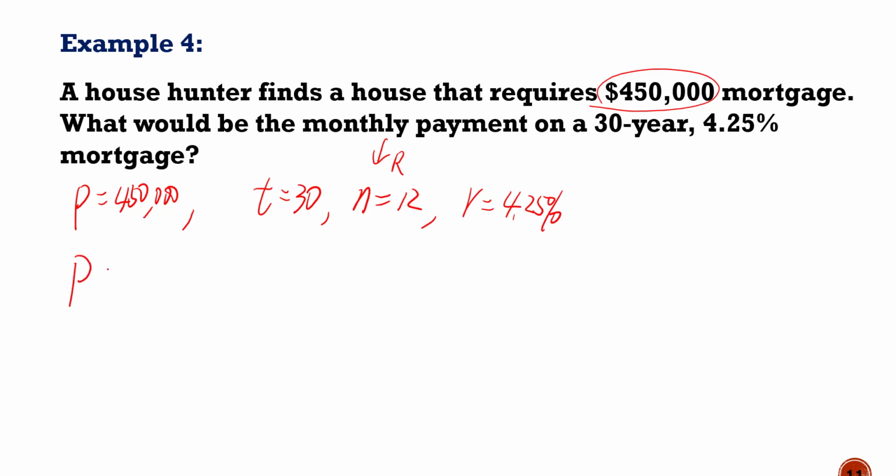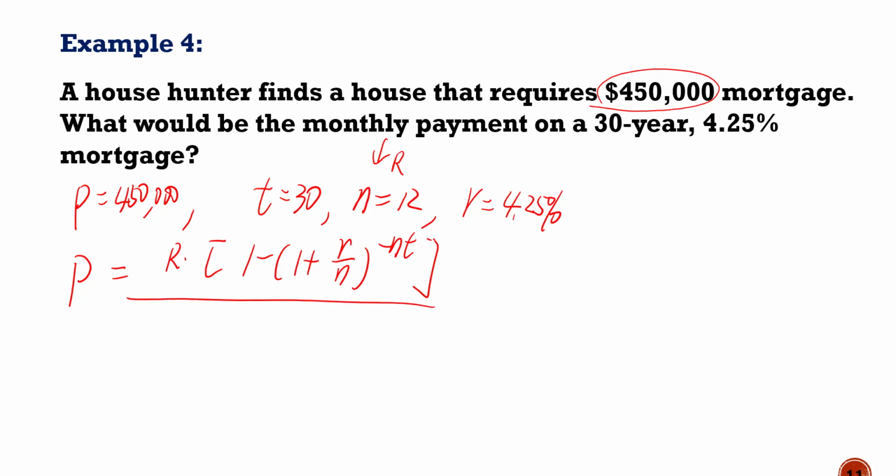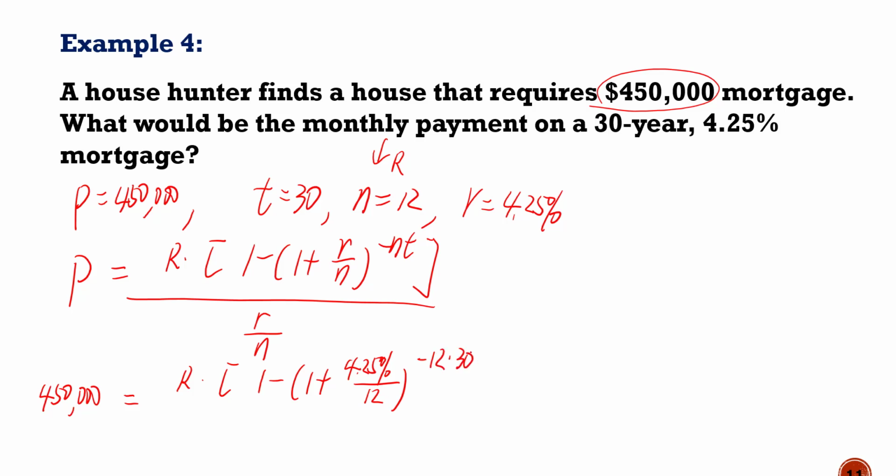So present value of annuity equals regular payment times 1 minus 1 plus R over N to the negative NT, over R over N. And we throw in the numbers first. 450,000 equals regular payment times 1 minus 1 plus the rate 4.25% over 12 raised to negative 12 times 30 years.